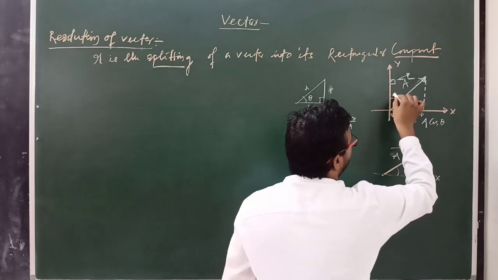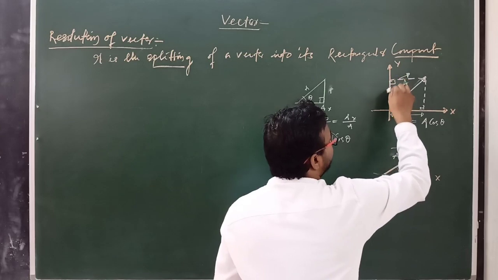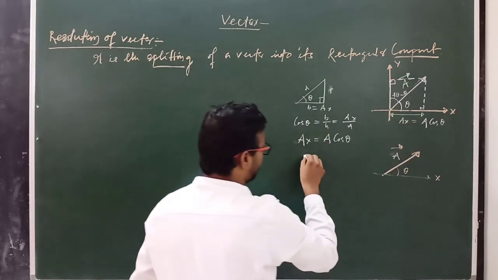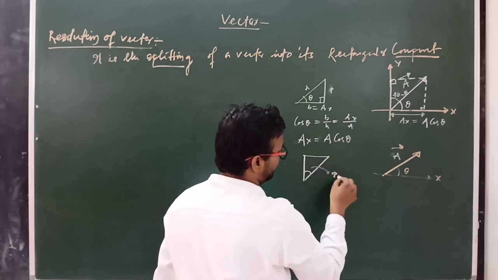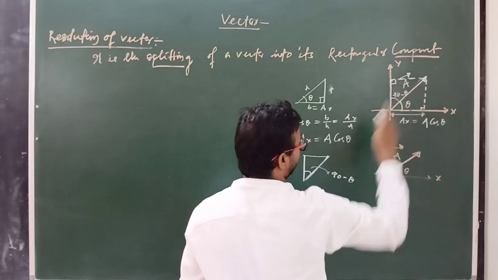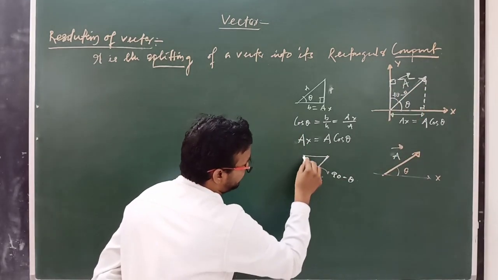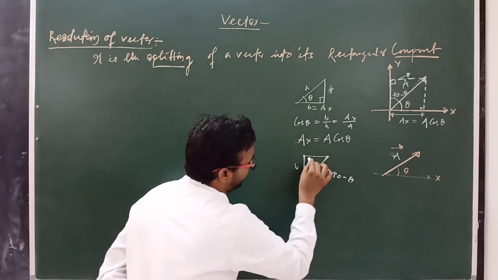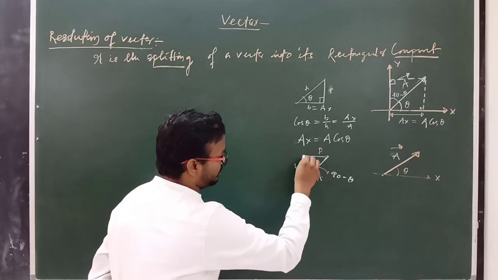How much? 90 minus theta. Now in this triangle, this angle is 90 minus theta, the magnitude is a, and this is the base, and here is the perpendicular.